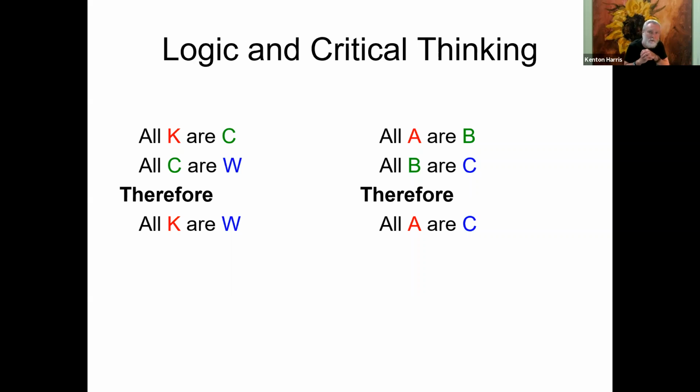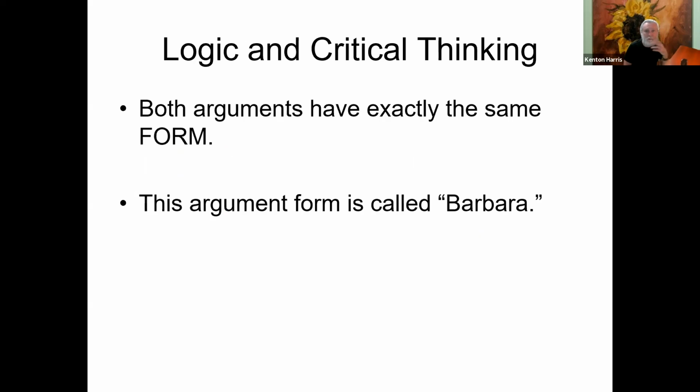If the premises are true, then the conclusion has to be true. Both arguments have exactly the same form. By the way, this argument form has a name. The name is Barbara. In the Middle Ages, they named all of the valid categorical syllogisms, and this is Barbara.